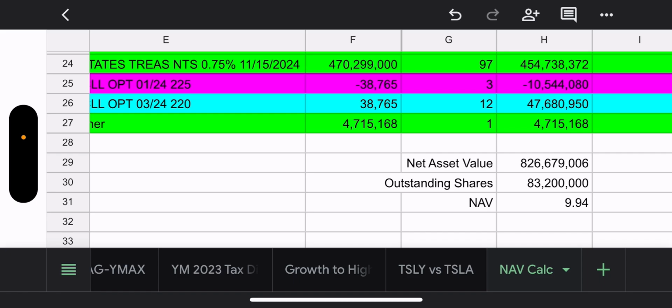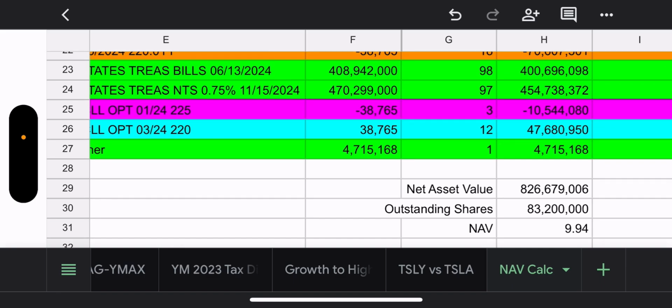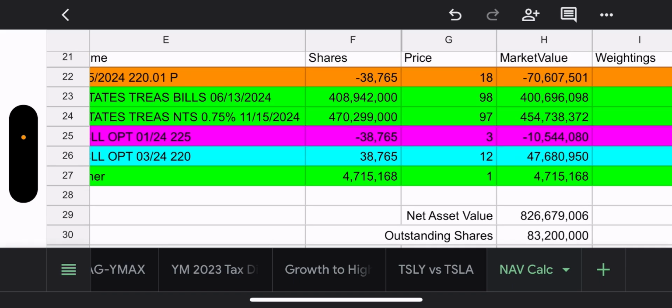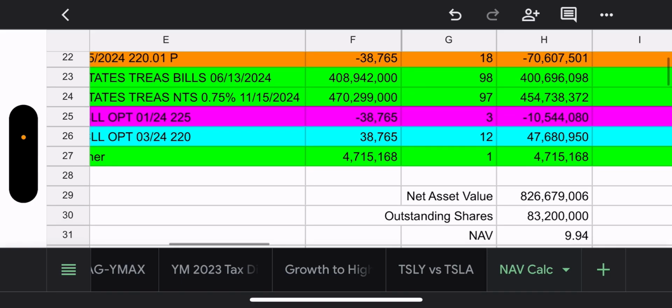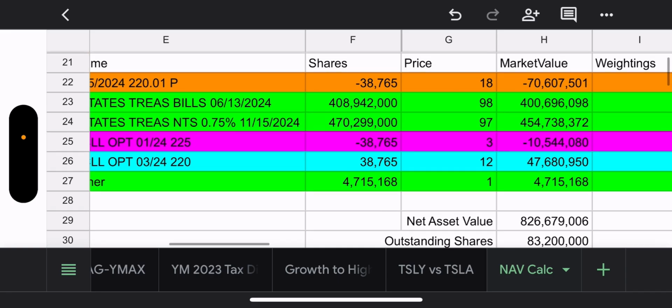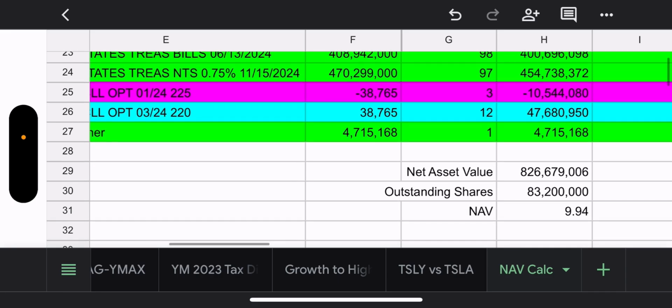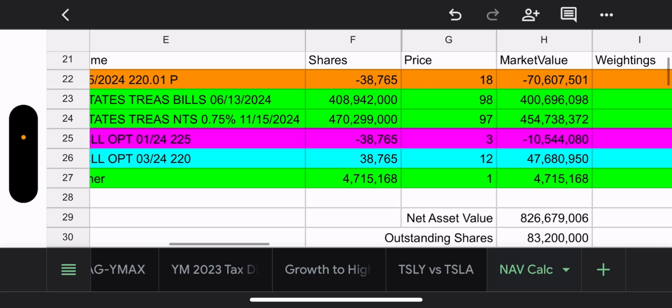People talk about NAV erosion, which again, I don't know. To me, it's just a scare term to push people away from the fund. But as long as you know how these numbers work, this is the NAV, this is the net asset value. So if the NAV goes down, it has to go down for a reason, right?